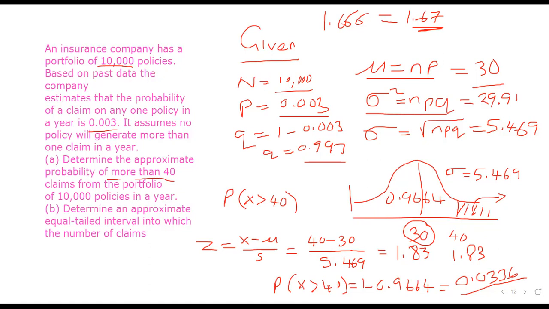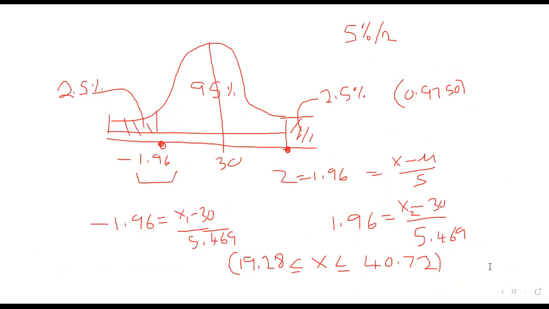So 0.95 should be the in-between probability, so 95%. If we cut here and here, we have 95, meaning we remain with 2.5 on this side and 2.5 on the other. So we are looking for the values x1 here and x2 there.